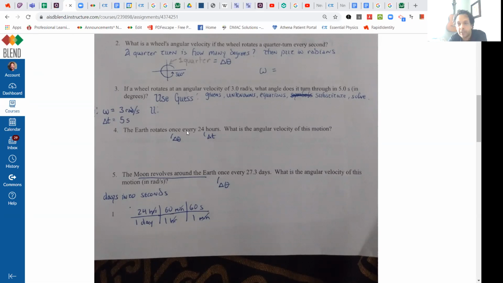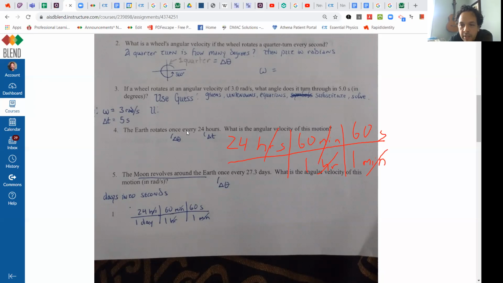It's better to know how to do dimensional analysis though, right? So a quick little review. If you want to go from 24 hours, 1 hour equals 60 minutes. So the hours cancel. 1 minute has 60 seconds.